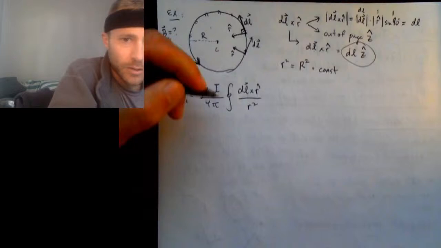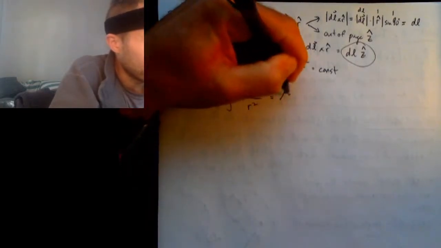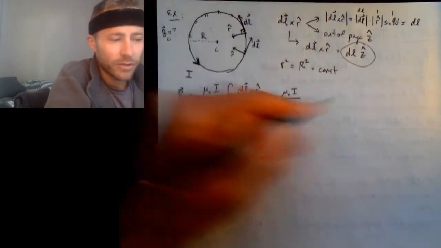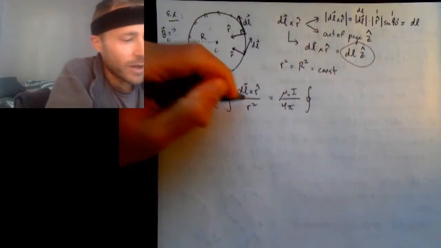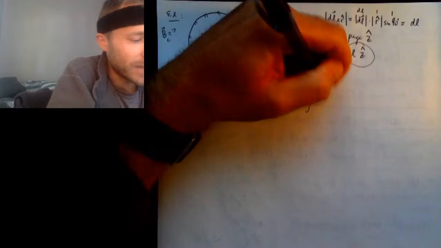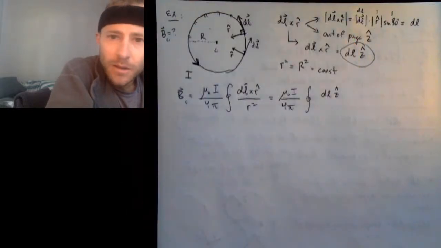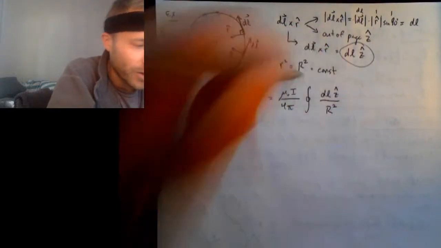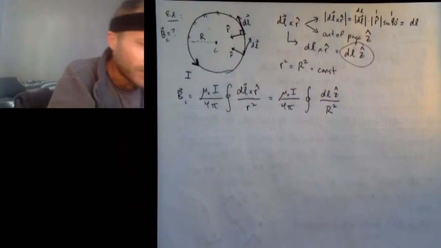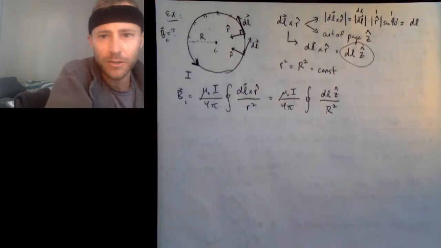Now I'm going to plug in the various things that I just figured out. For dl cross r hat, I'm going to plug in dl magnitude times z hat. For little r squared, I'm going to plug in the constant big R squared. The z hat vector is a constant. It always points out of the page.